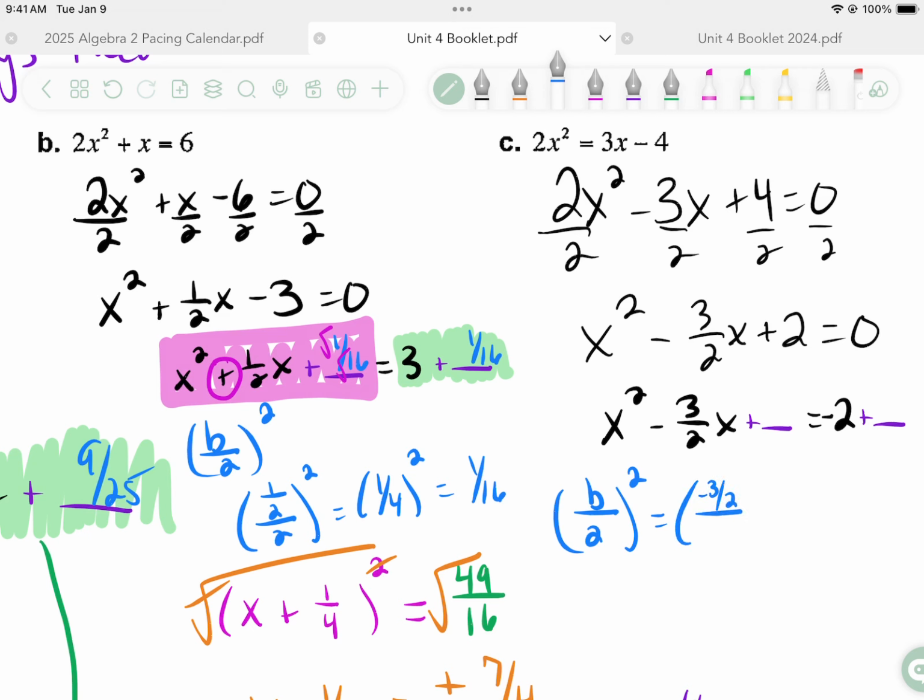So -3/2 divided by 2 would be -3/4. And then when you square that, you get 9/16. So you got to add that to both sides.